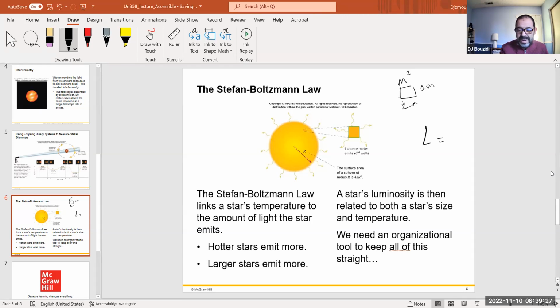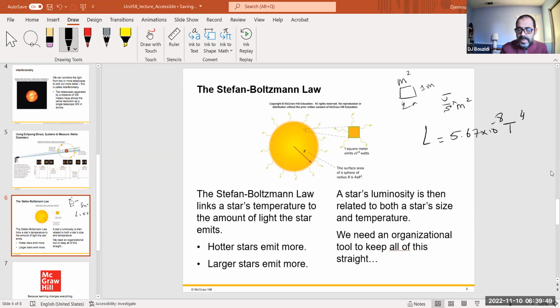It's much, much bigger than that. But this luminosity per square meter is really the energy per unit time, so it's really the power emitted by a star per square meter. That is the expression for it: a constant, 5.67 times 10 to the negative 8, times the temperature to the power 4.